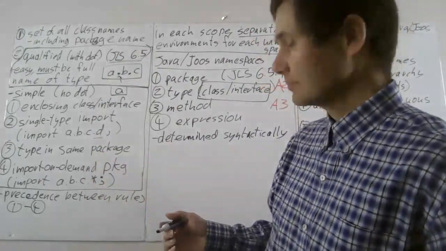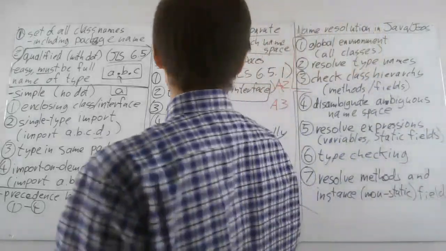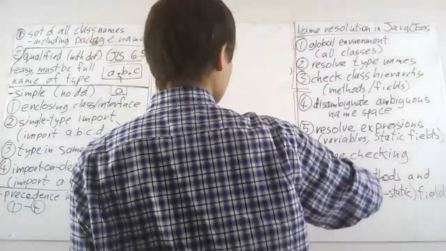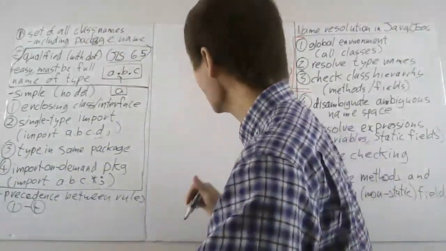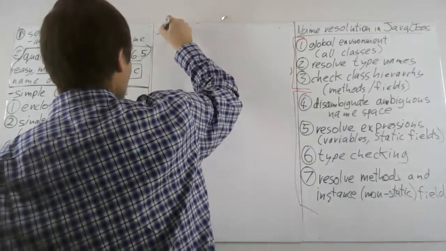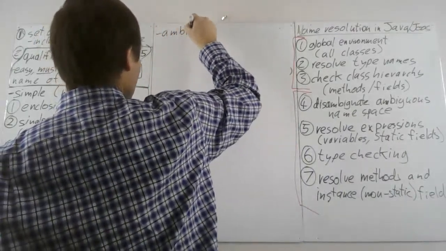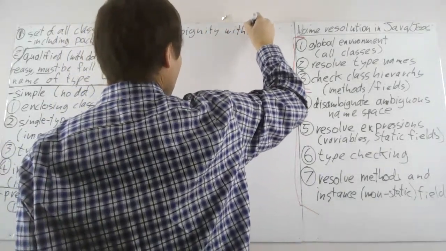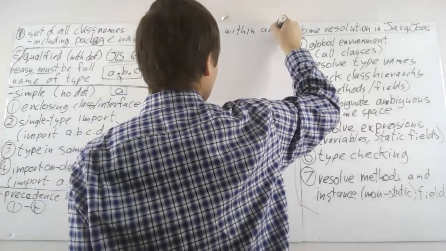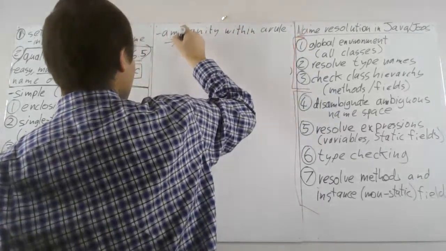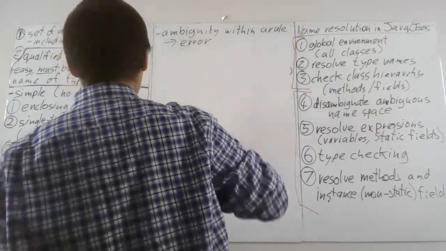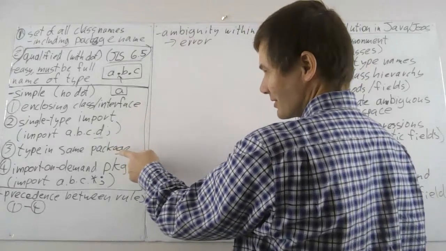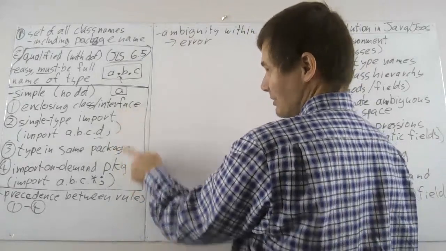So ambiguity within a rule is an error. Okay, and I mean you wouldn't have that in 1 or 3, I guess, but in the imports, right?